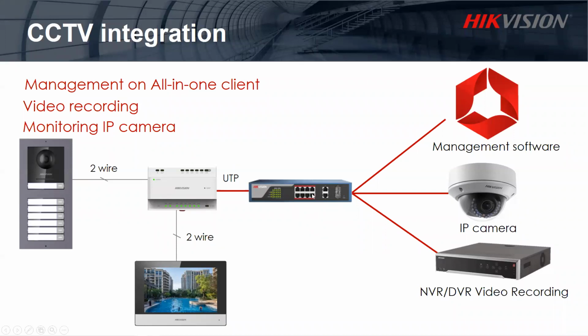You don't even need a PoE switch if you're going to connect the distributor box here. Then you can have the integration with a management software like iVMS-4200. If you have any cameras in the building, you can add them to your indoor stations. As well for the NVR, if you have any cameras connected to the NVR, you can add them into your indoor station.